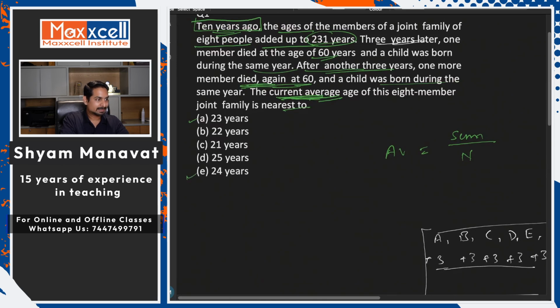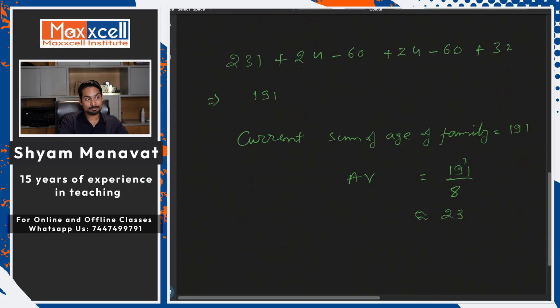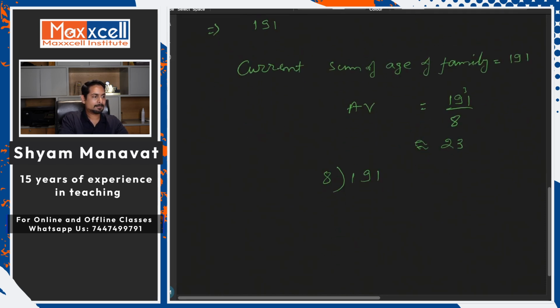Question said near to which one? So if you get to see it's near to 24, I would say, because if you divide 191 by 8, yeah, so this is 2s are 16, 31, and had this been one more, you would have got 8 4s are 32, isn't it?